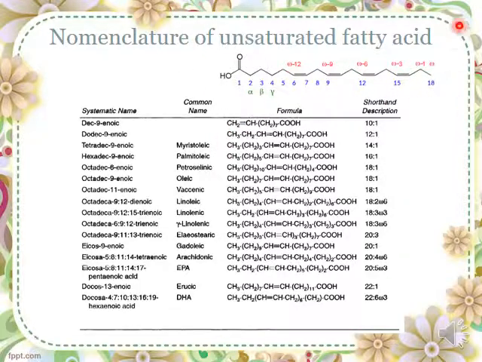For example here, this is the methyl end. So this is carbon omega, omega carbon. Then the subsequent is omega 1, omega 2, omega 3, 4, 5, 6, 7, and so on.